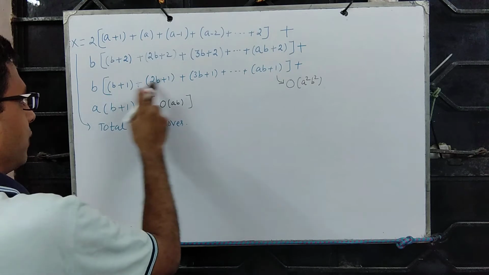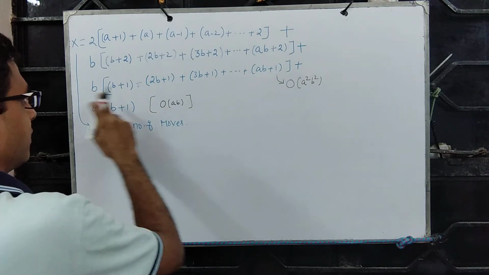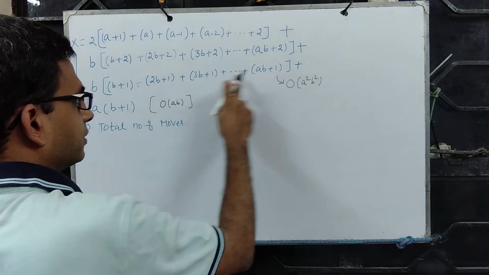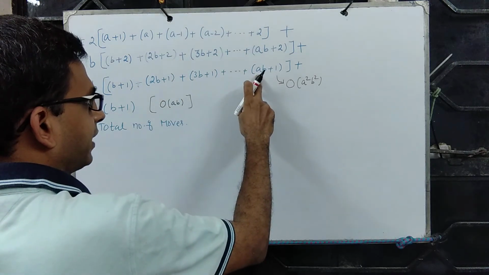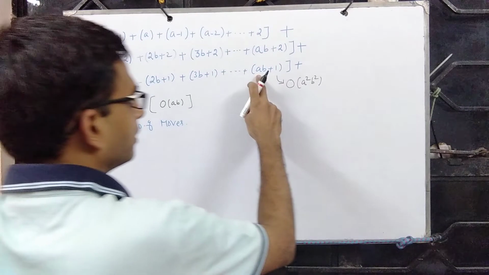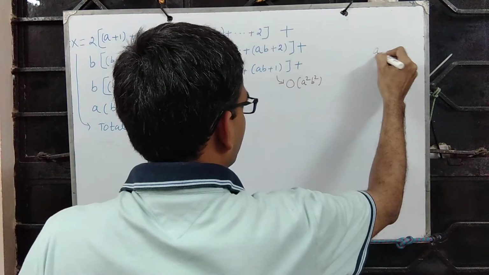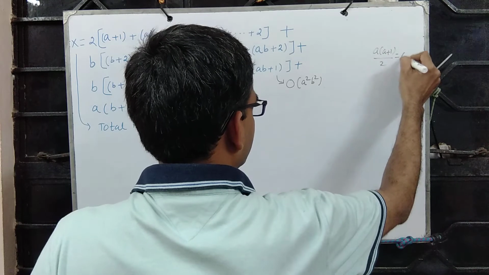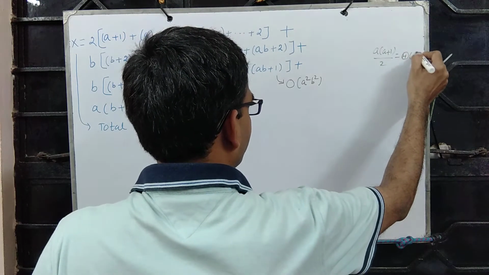So I am taking B out, so you get B square, then you get 1 plus 2 plus 3, and so on up to A, which is A into A plus 1 by 2, and A into A plus 1 by 2 is theta or order of A square.